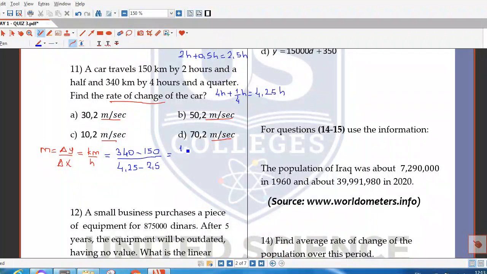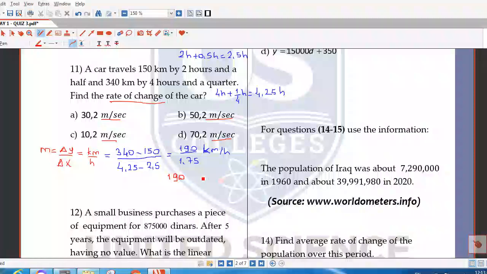Numerator is 190, denominator is 1.75, so the division is going to be kilometer per hour, but the unit in each choice is given as meter per second, so I am going to change kilometer to meter and hour to second.